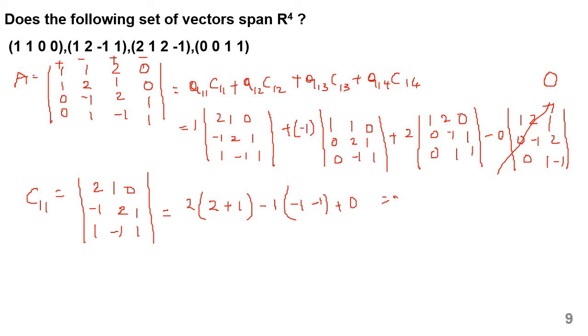So it is equal to 2 into 3 minus 1 into minus 2, which is equal to 6 plus 2, which is equal to 8.